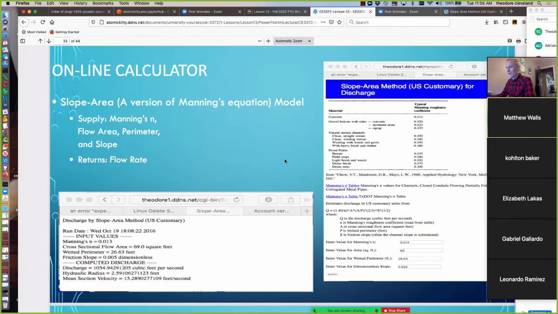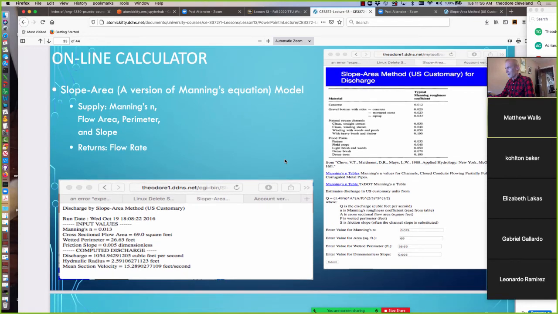Let's go back here. So let's suppose we want to apply the slope area method to something that has a Manning's N of 0.013, cross-sectional flow area of 69 square feet, wetted perimeter of 26.6 feet, and a dimensionless slope of 5 parts in 1,000.